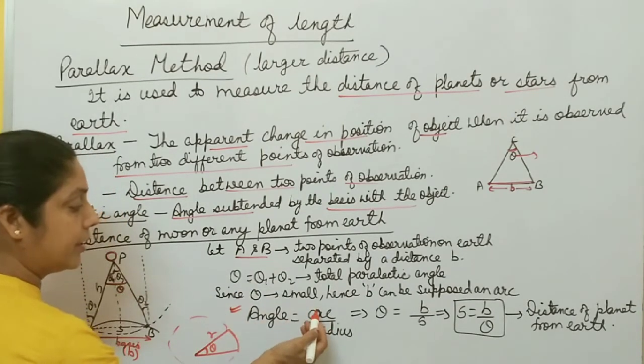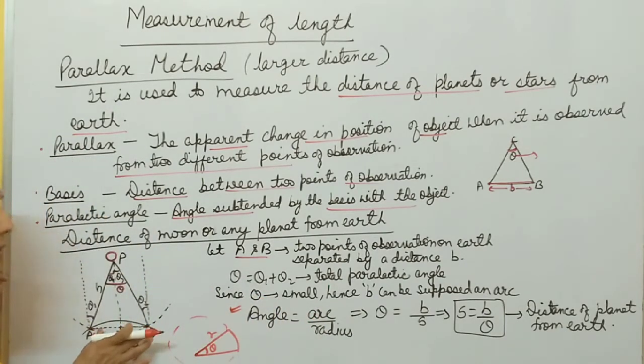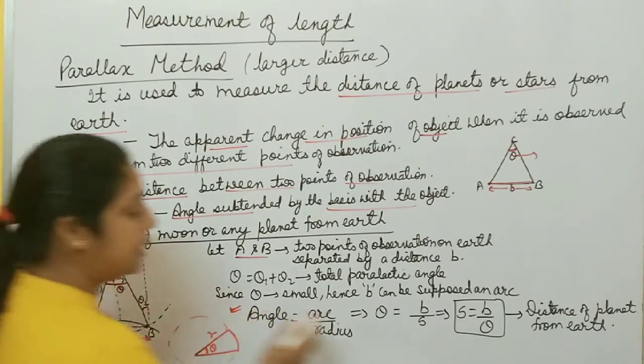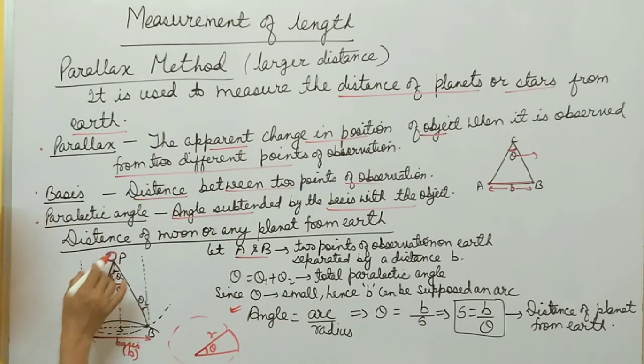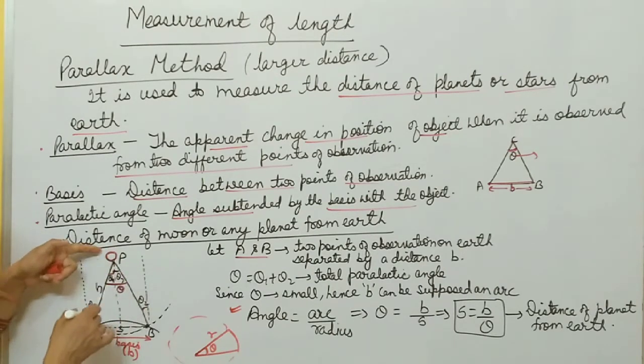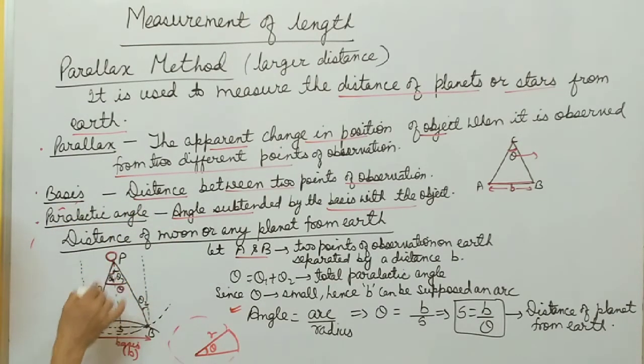Here, because this angle theta is very small, this arc is nothing but the distance between the two points of observation, that is B. So theta equals B by S. S is the distance of this planet from the Earth's surface.